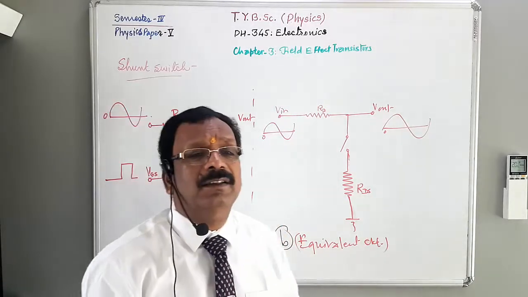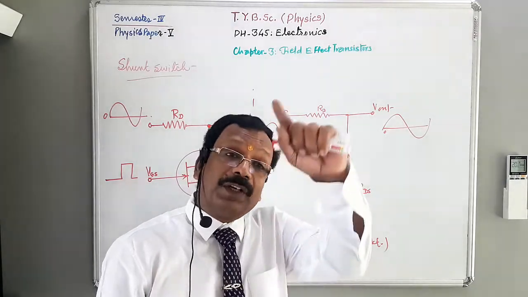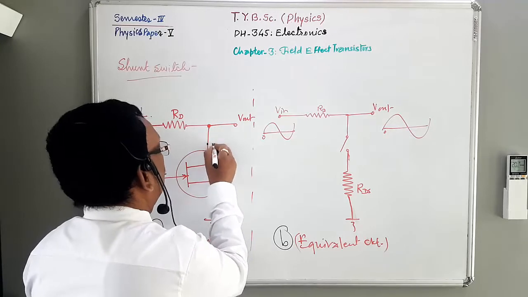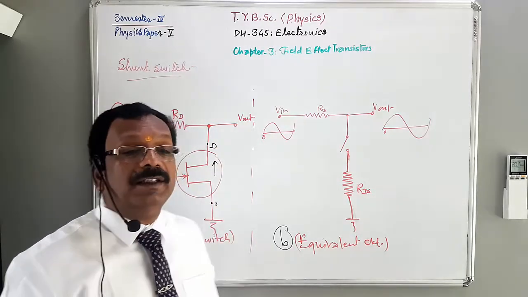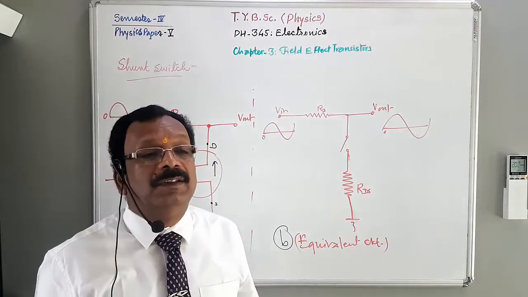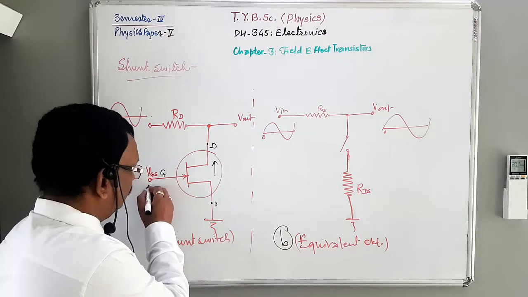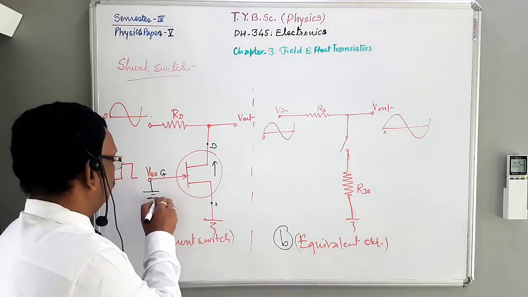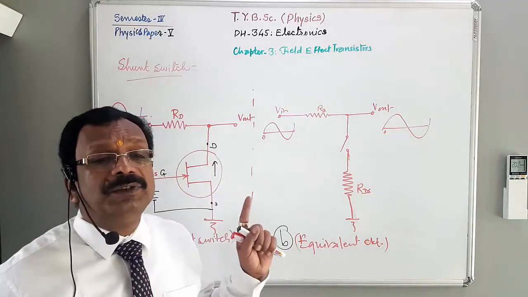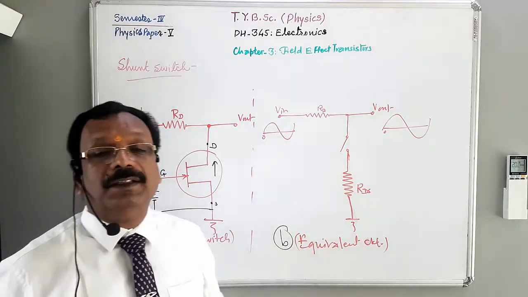Remembering that the controlled current in JFET flows from source to drain, this is the gate, this is the source, and this is the drain, we substitute the source and drain connection of a JFET for the two ends of the switch.